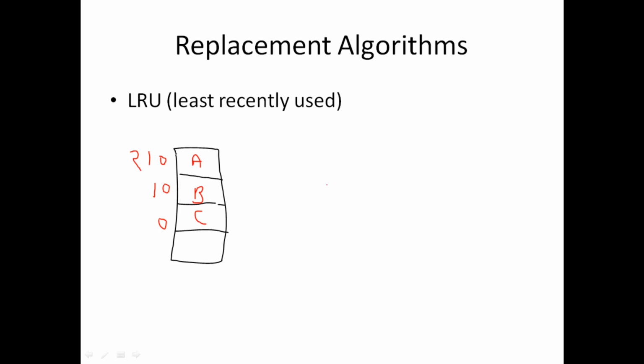Let's say B is needed again, the CPU wants B again. There is a hit because it is already in the cache. What happens when a hit occurs is that the current counter, which is 1, changes to 0 because we need to use this one.